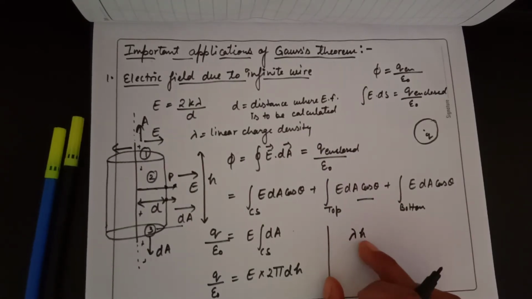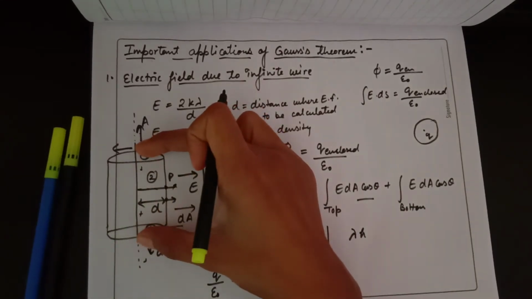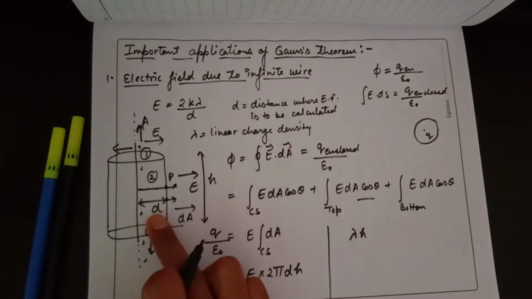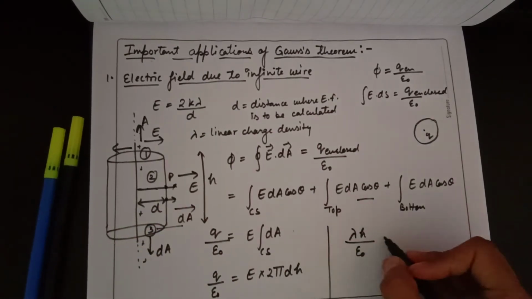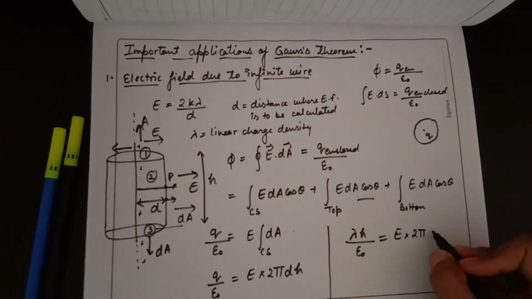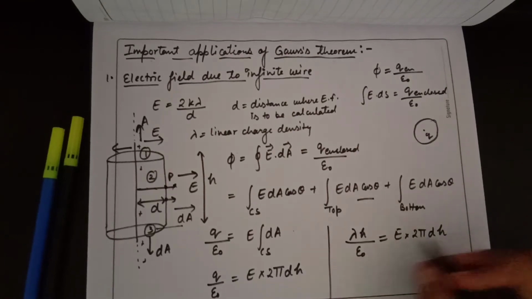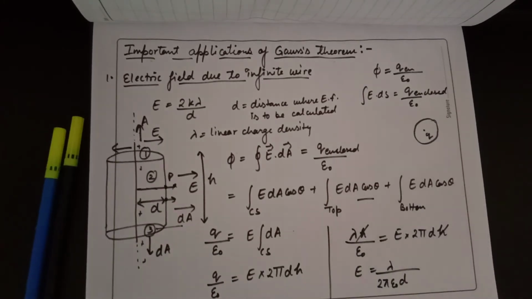If I multiply these two, I will get the total charge enclosed by this Gaussian surface. I will call it a Gaussian surface. So lambda h divided by epsilon naught is equal to E into 2 pi D h. h cancels out, and E comes out to be lambda divided by 2 pi epsilon naught D.